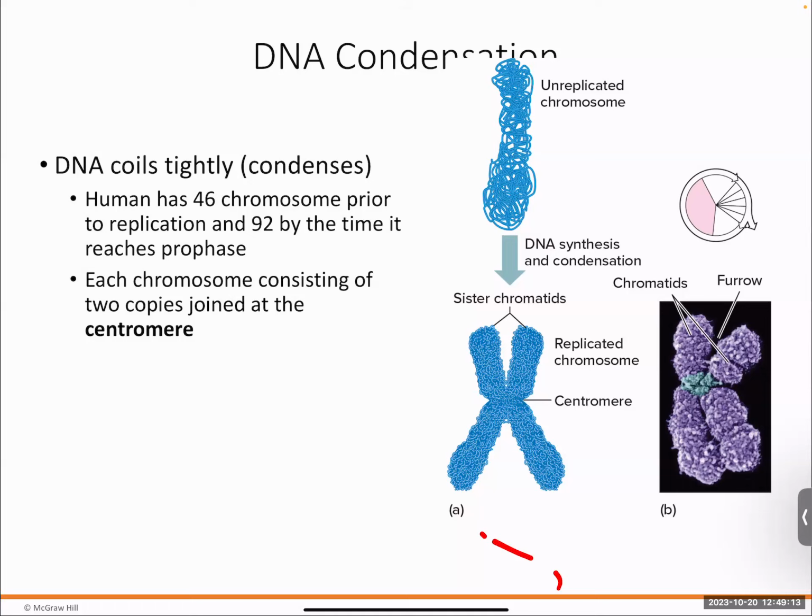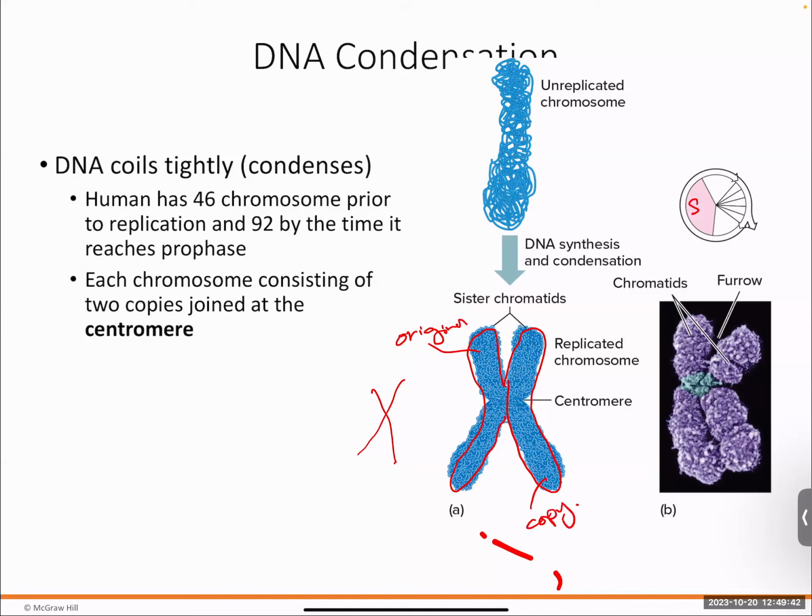As we already learned and talked about multiple times, during the S phase of interphase, the genetic information is being replicated. So when we draw a chromosome as that X shape that we keep drawing, you're actually drawing this structure and this structure. One is the original, and the other one is the copy.